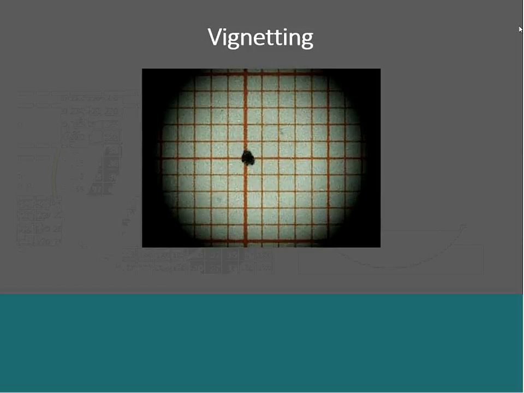Vignetting, again, occurs when you have a lens image circle that's smaller than your sensor.